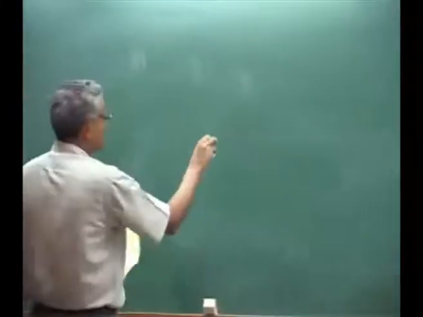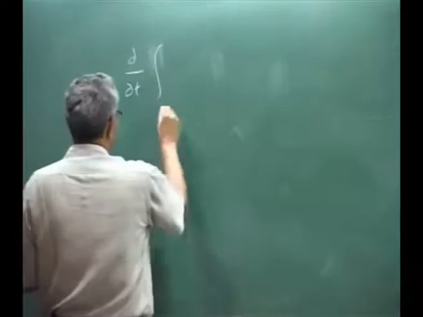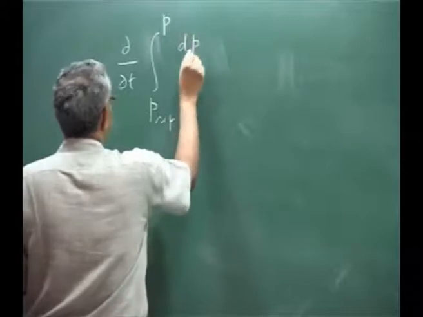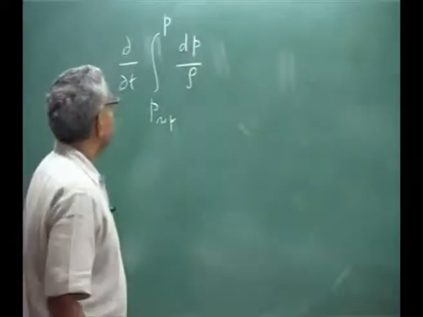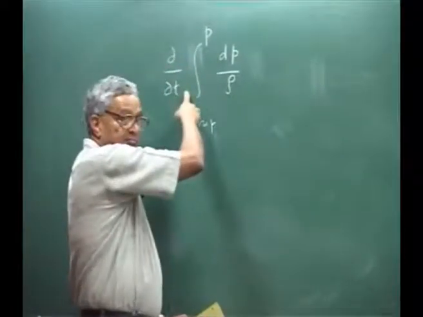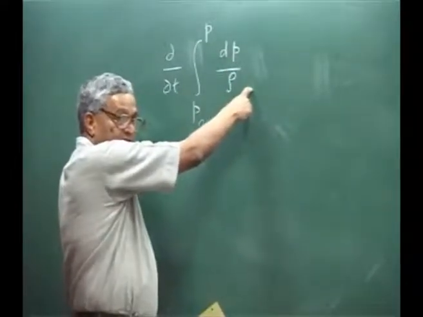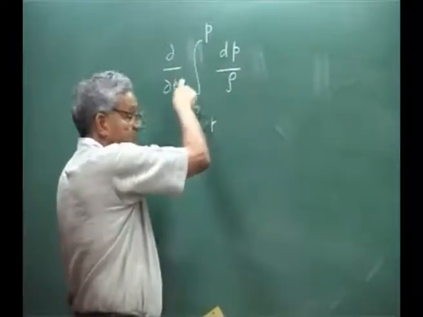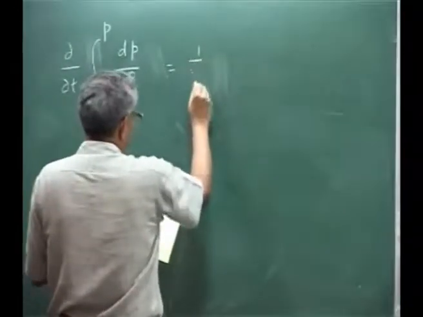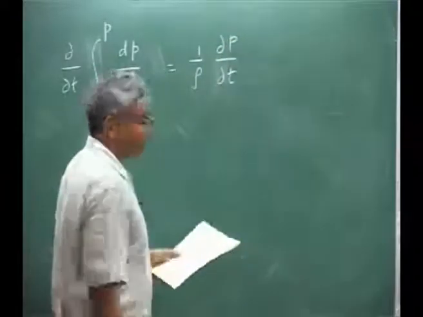We need to get, suppose you use this, delta over delta t of the integral from p reference to p of dp over rho. This you can write as delta by delta p into delta p by delta t. Then delta by delta p will be 1 over rho, so I can write it as 1 over rho delta p by delta t.